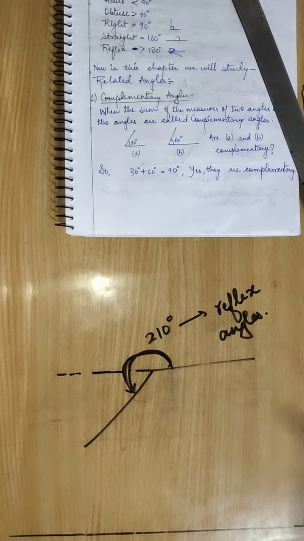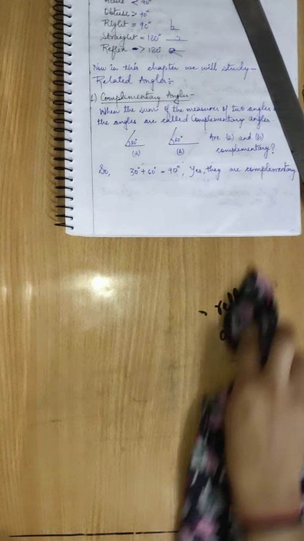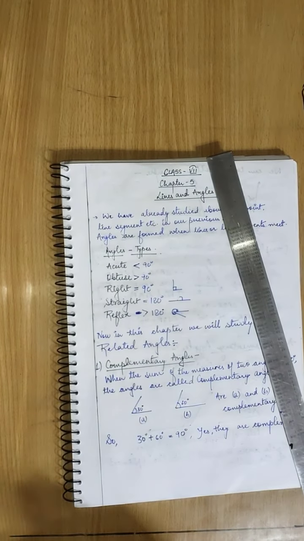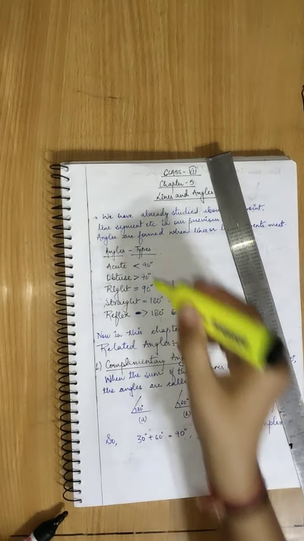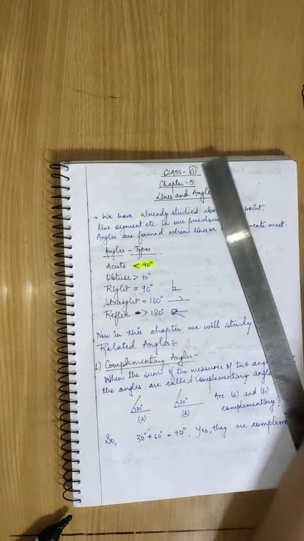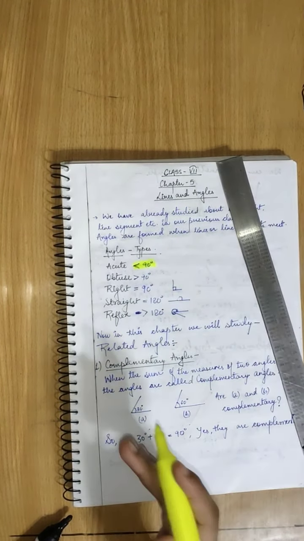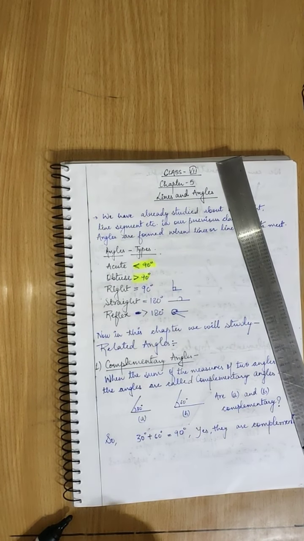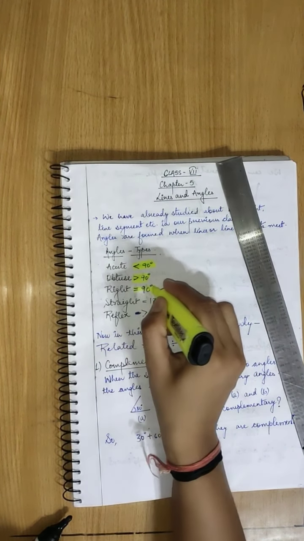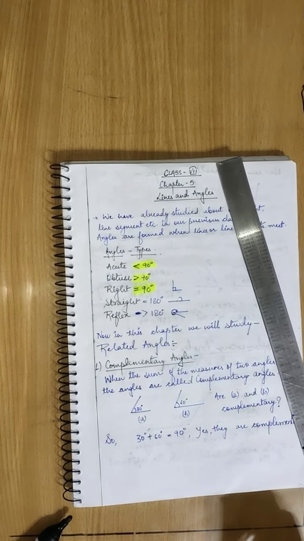So this was about the angles. We have discussed types of angles. Acute angle is always less than 90 degrees. Obtuse angle is always greater than 90 degrees. Right angle is always equal to 90 degrees.